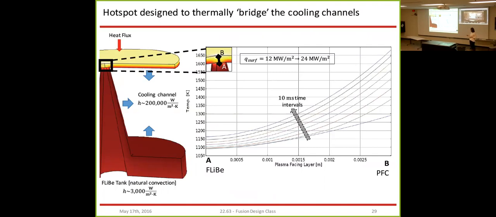And at point A, you have the point that is at the bulk FLIBE tank, and at point B, you have the plasma-facing area. And so we put on the increased heat flux, and then we watch what happens to the structure at 10 millisecond time intervals.